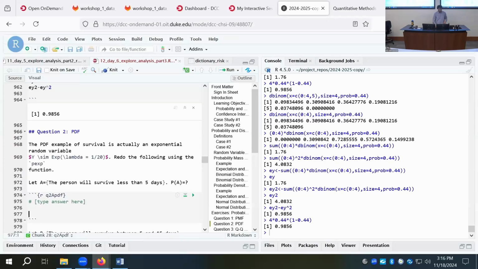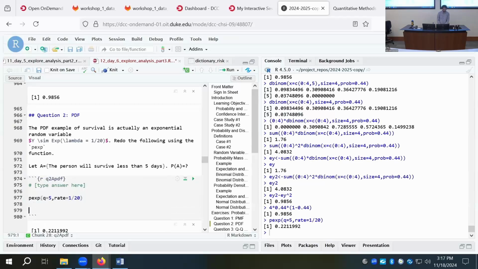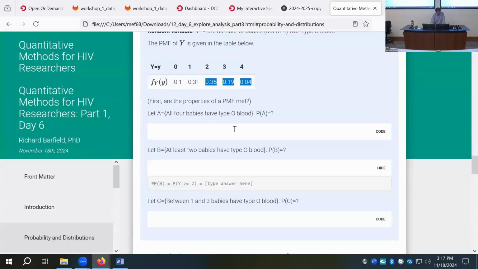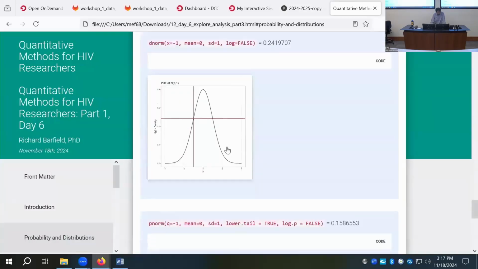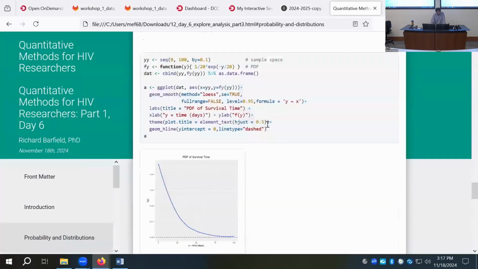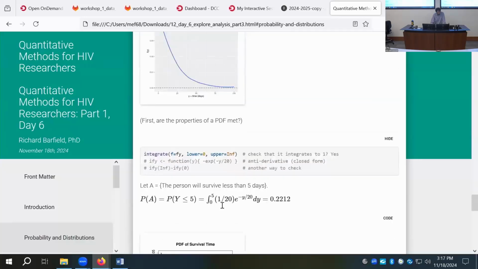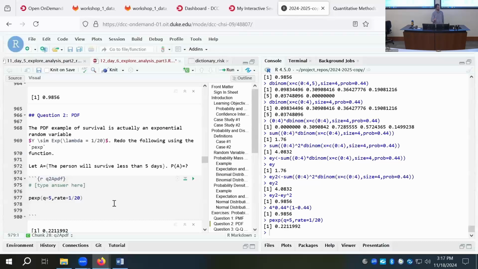So the function is p(exp), and we go q equals 5, rate equals, I think it's 1 over 20, and it gives us 0.221. Let me double check. 0.2212, right? So it gives the same value.